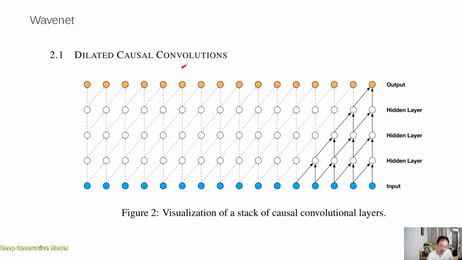So it's very difficult to do so. In fact, when people do audio generation, even using deep neural networks, they usually first transform the audio into a spectral domain, typically a mel spectrogram.